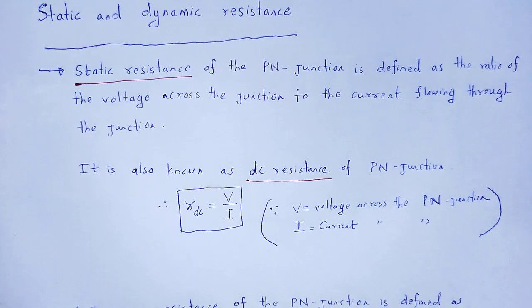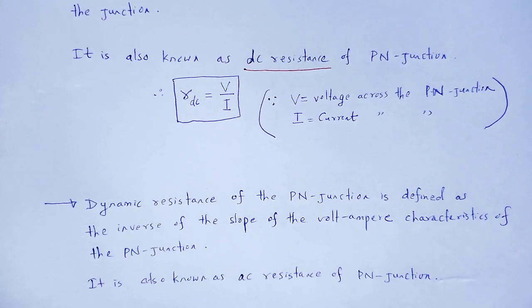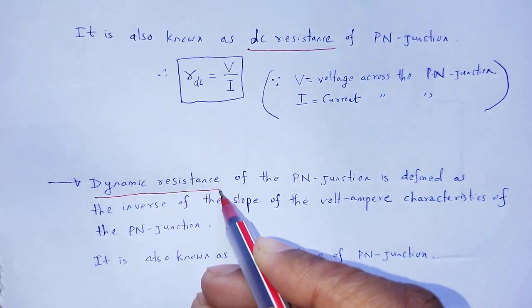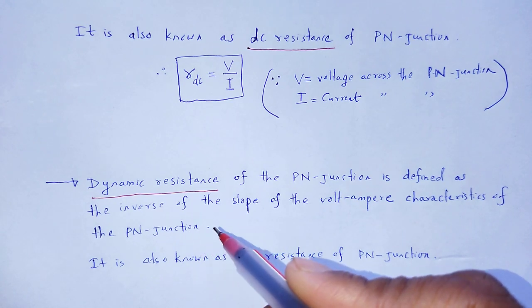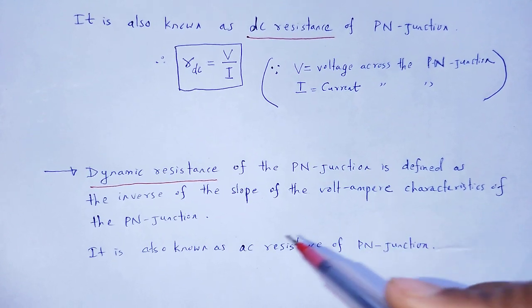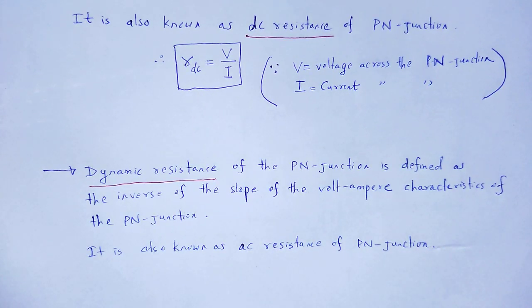Another type of resistance is known as dynamic resistance. Dynamic resistance of a p-n junction is defined as the inverse of the slope of the volt-ampere characteristic of the p-n junction. What is the volt-ampere characteristic?